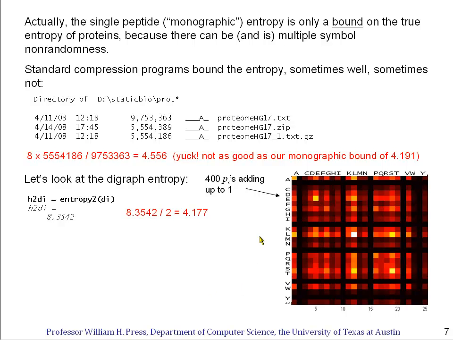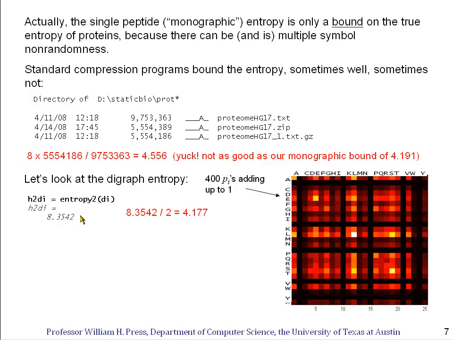Now, what's the digraph entropy? Well, our same entropy function can be used because, as I commented, it'll just take these 400 p_i's adding up to 1, flatten them, and compute the sum of p log p on them. And that turns out to give 8.3542. But that's the number of bits that it takes to encode 2 characters, the whole digraph.